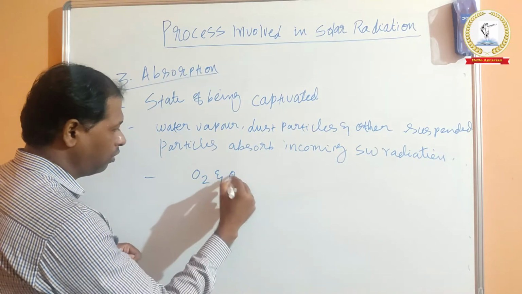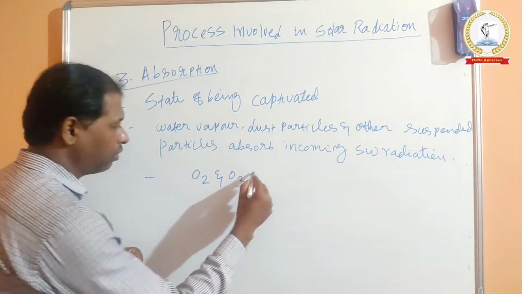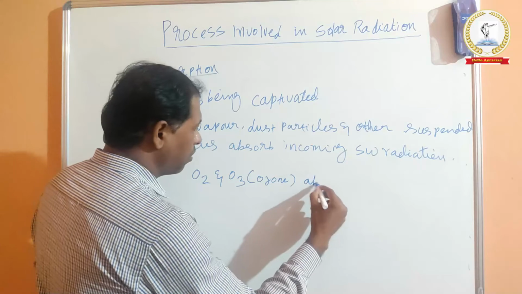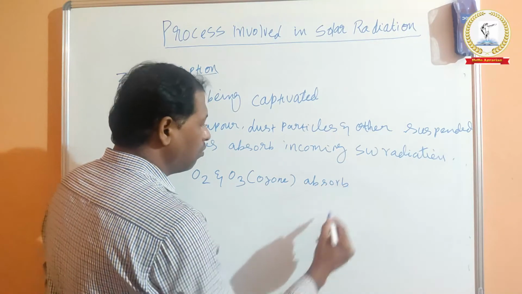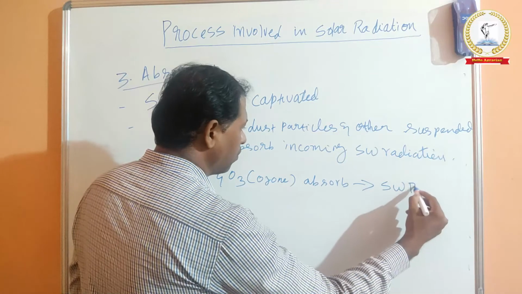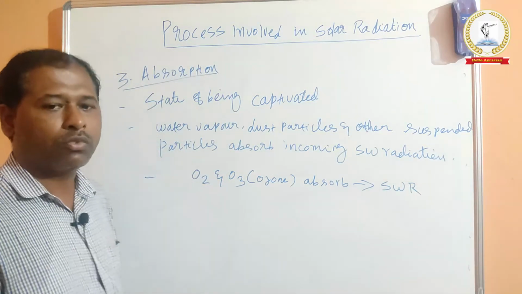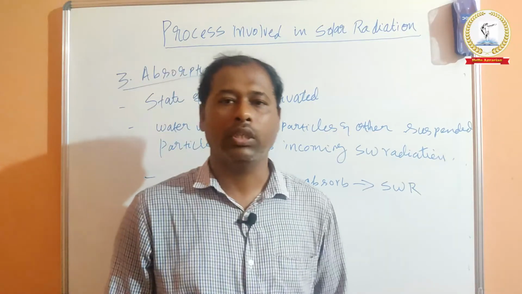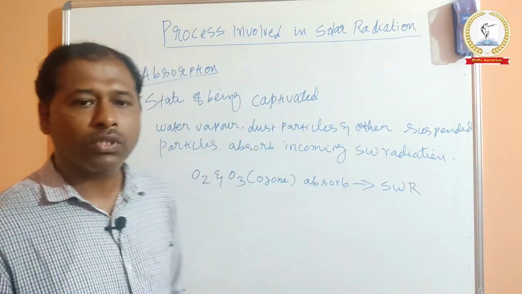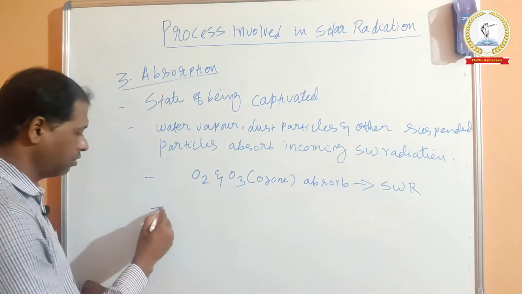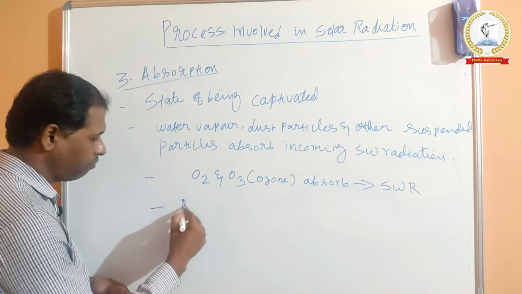For example, oxygen and O3, that is ozone molecules, absorb most of the short wave radiation, but for relatively long waves they behave as transparent.